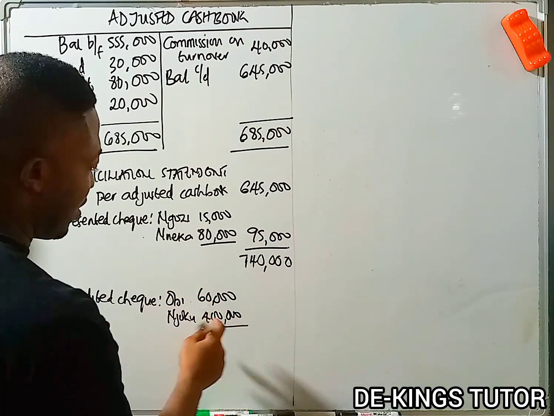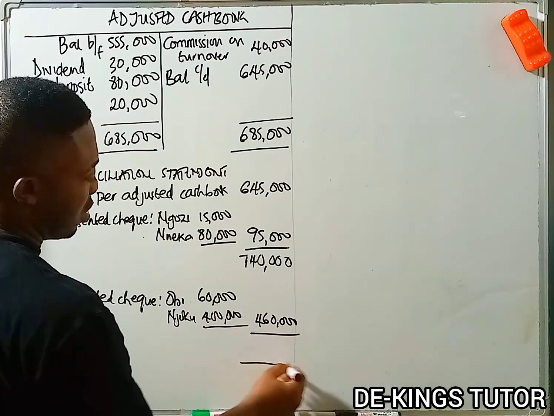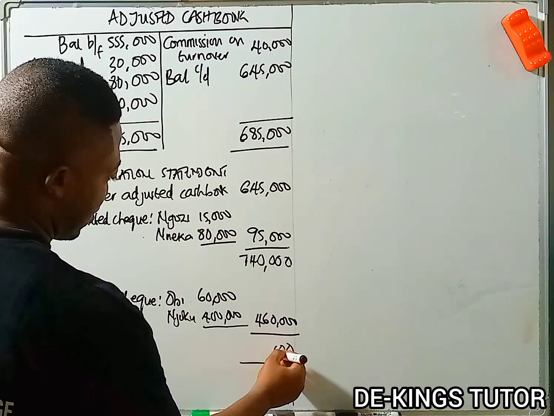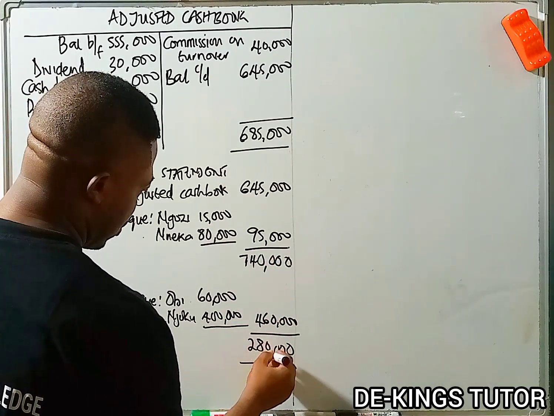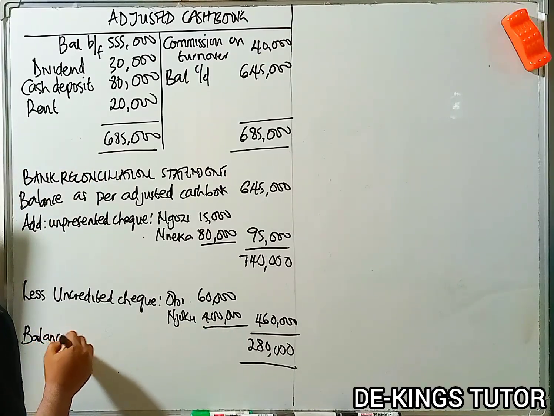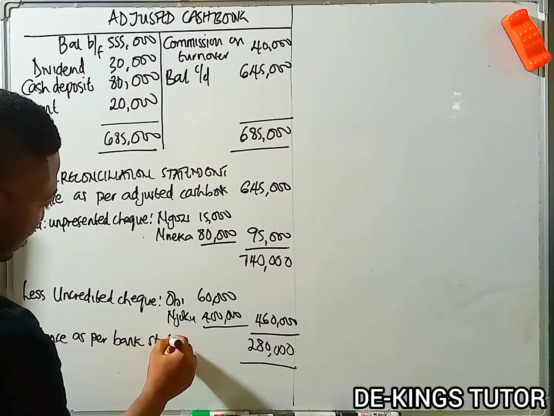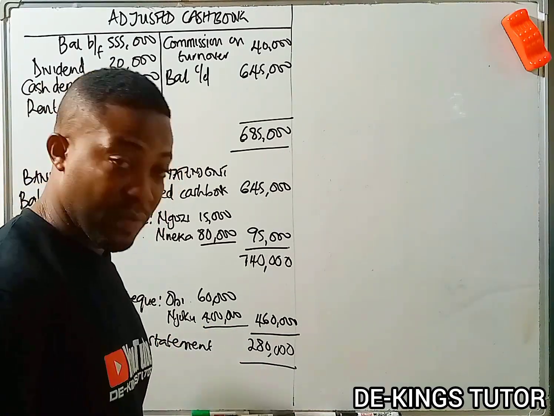So 60,000 plus 400,000 gives us 460,000. So 740 minus 460 gives us 280,000. So this 280,000 becomes balance as per bank statement. So this is the balance you ought to see at the final aspect of the bank statement.